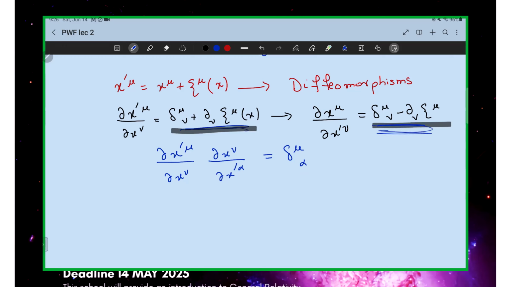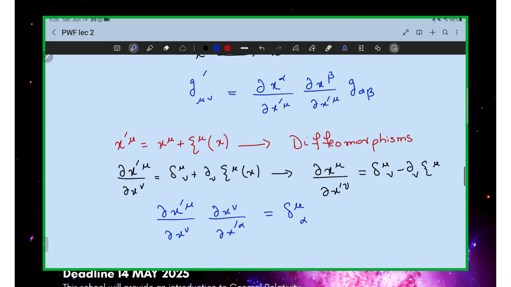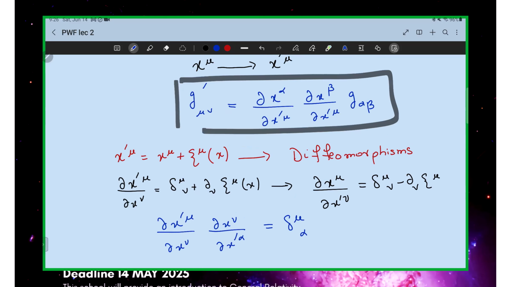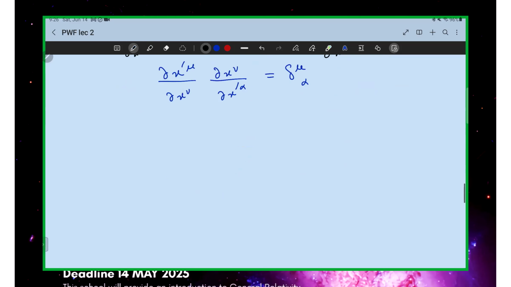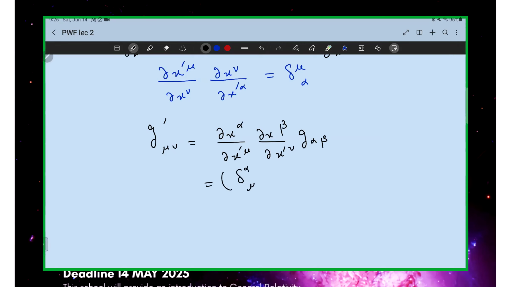Okay. Now, if I use these two expressions and see what the metric tensor becomes, we get something like this. Well, let's go mu nu. So we get something like this, this, and this.